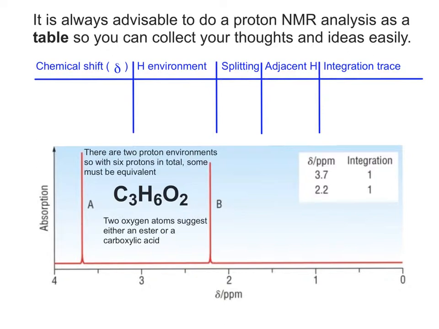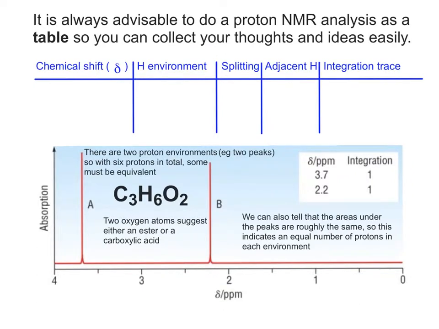In addition, there's two proton environments, so if you've got 6 in total, some must be equivalent. And we used the fact that there were two peaks, peaks A and B, to work out that there were two proton environments. We can also tell that the areas under the peaks are roughly the same, so this indicates an equal number of protons in each environment.